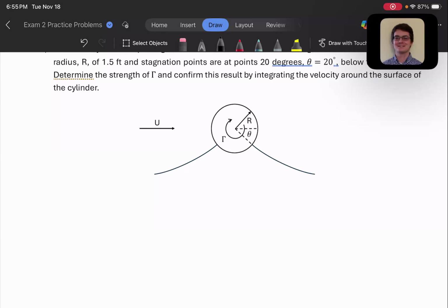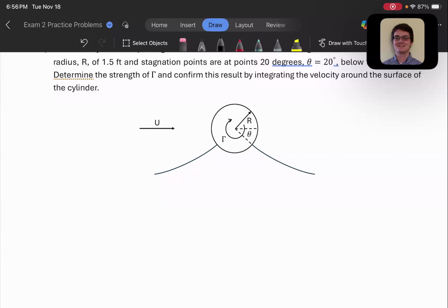All right. So we're going to start with what's the definition of a stagnation point? So where the velocity equals 0. What components of the velocity?